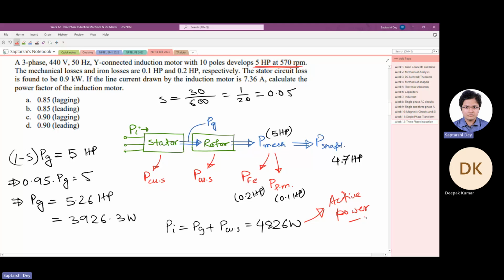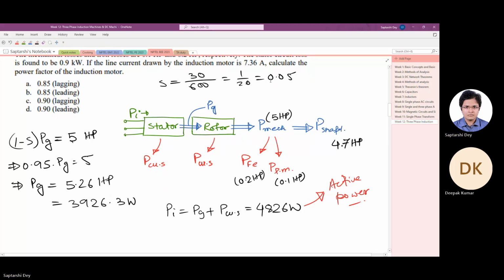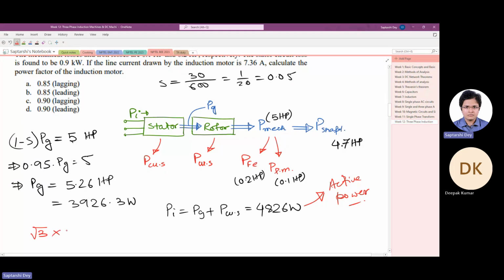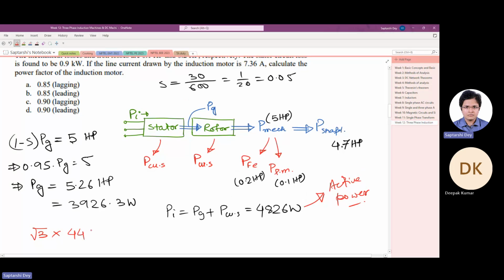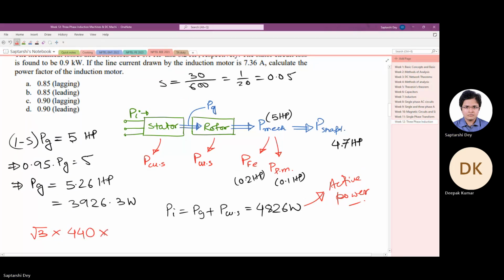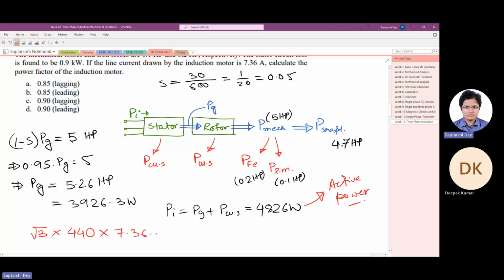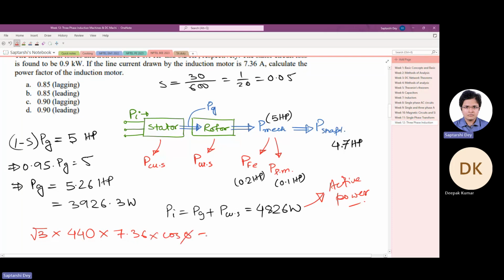This is the active power that the motor is drawing. But the motor is also drawing a line current of 7.36 ampere. So root 3 line voltage is 440 volt, as I said, that if nothing is mentioned, it is line voltage. 440 volt line V, root 3 VL IL cos phi, line current 0.736 times cos phi.